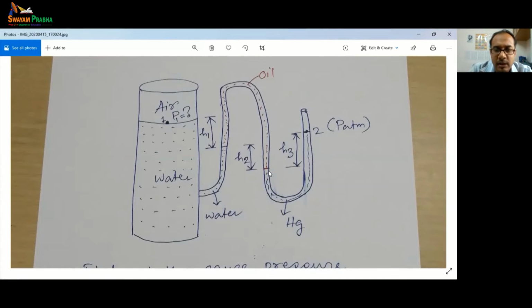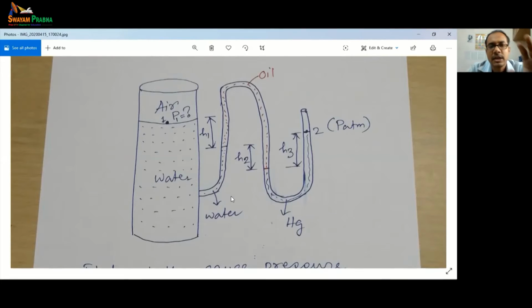From the point where the oil column ends starts the liquid mercury column. We have denoted that with Hg, the chemical symbol of mercury, and that mercury column extends up to point 2, and this whole tube is open to the atmosphere. That means point 2 will have atmospheric pressure.